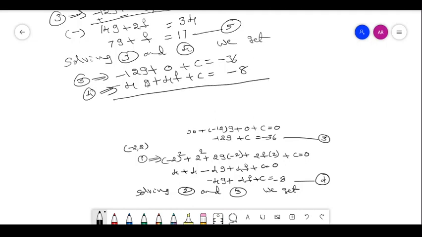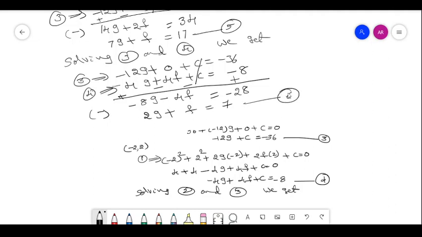Now also subtracting these two equations, minus becomes plus, plus becomes minus, and minus becomes plus. Minus 12g plus 4g becomes minus 8g, minus 4f, plus c minus c will be cancelled, is equal to minus 36 plus 8, which is minus 28. Dividing every term by minus 4 we get 2g plus f is equal to 7. Take it, this is the sixth equation.